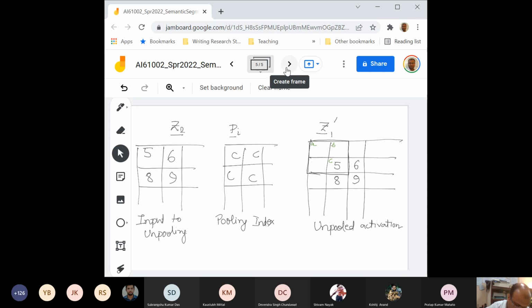So what I do is this value comes from this location, so I put it back into that location. Next, I have this value which comes from this location corresponding to whatever the index is. Then here it becomes A, B, C, D. So this goes and sits over here. Okay. Yeah, thank you.